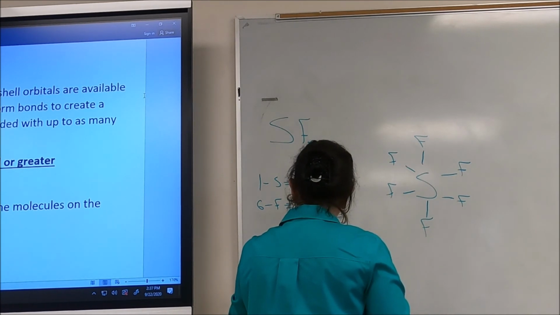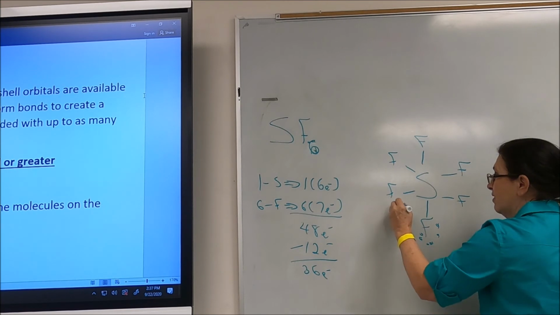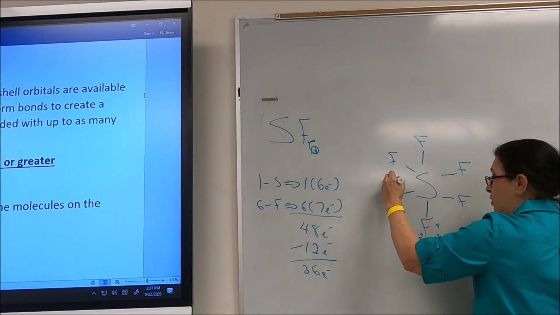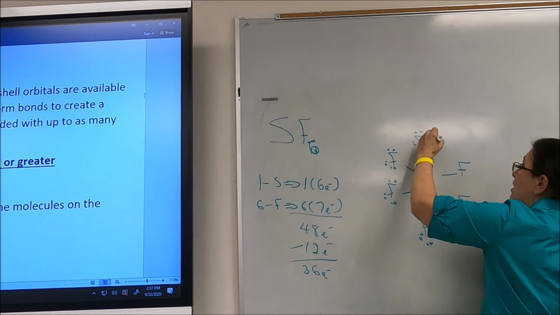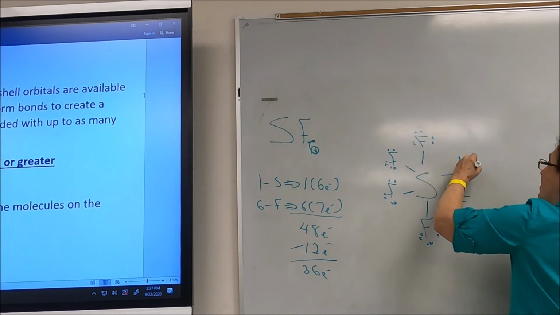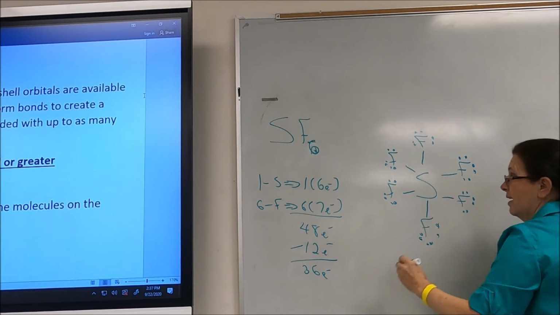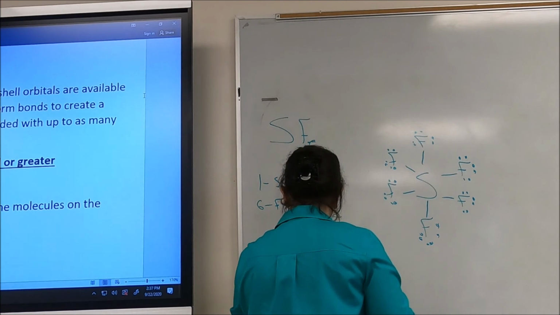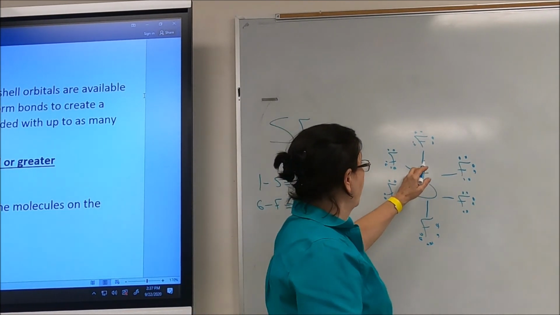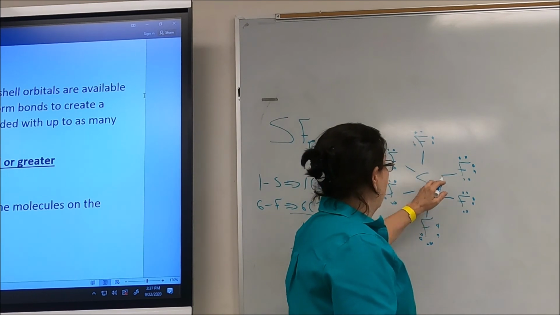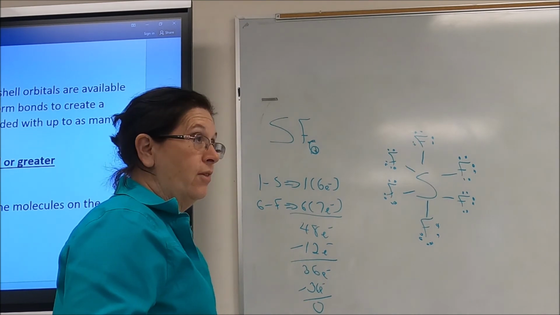That leaves me with 36 electrons. 2, 4, 6, 8, 10, 12, 14, 16, 18, 20, 22, 24, 26, 28, 30, 32, 34, 36. Okay, and there we go. Now when we look at sulfur, it sees 2, 4, 6, 8, 10, 12. Sulfur is displaying an expanded valence.